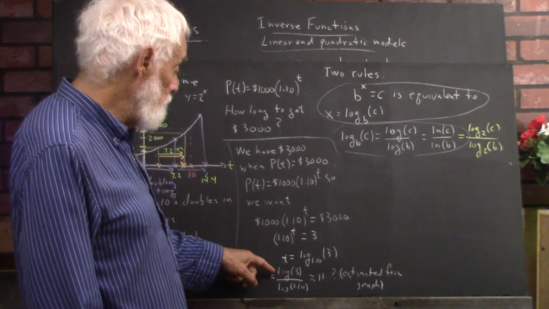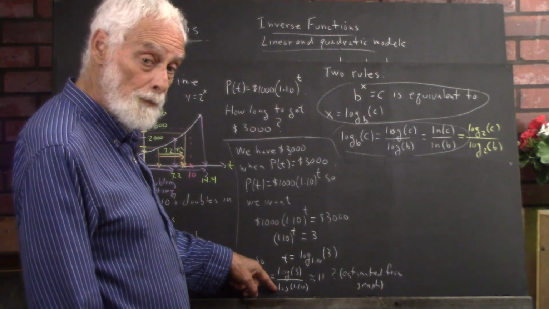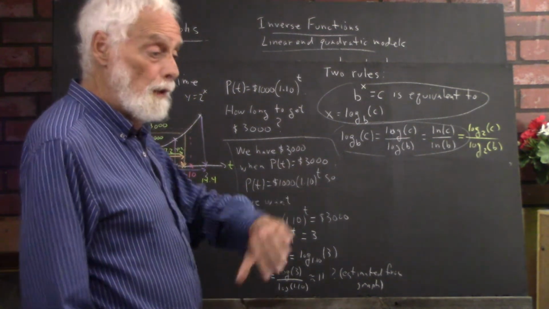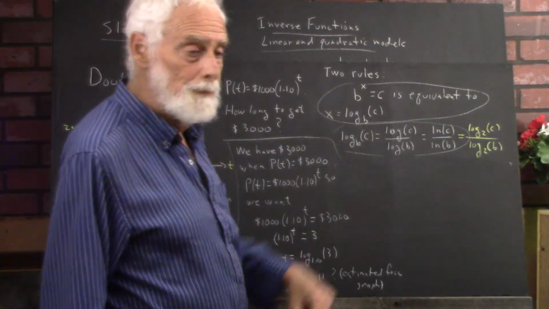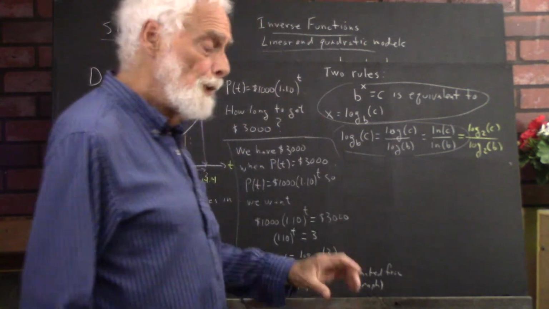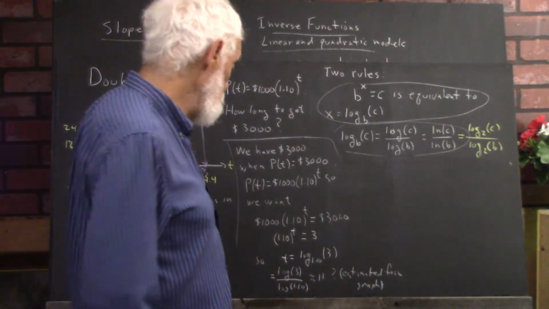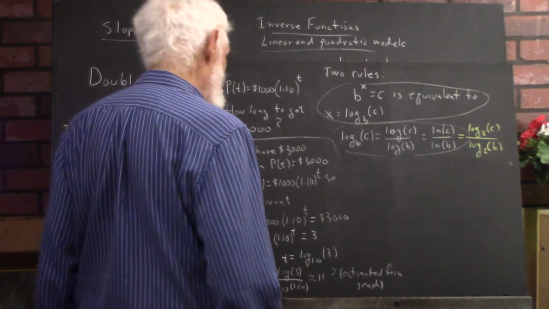And it wouldn't matter if you'd used natural log of 3 over natural log of 1.10, or with a good graph of the basic logarithmic function, the base 2 log of 3 divided by the base 2 log of 1.10. And I'll remind you what that looks like.